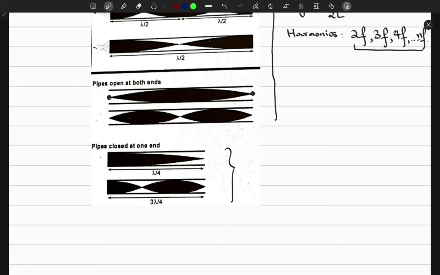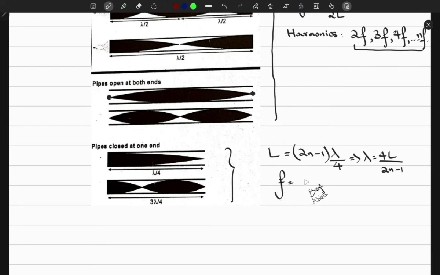In this particular case, the length of the pipe is given by (2n minus 1) times lambda by 4, from which I can find lambda, which would be 4L by (2n minus 1). That's the wavelength that would be formed in this pipe, which is closed at only one end, or open at one end. Both mean the same thing.